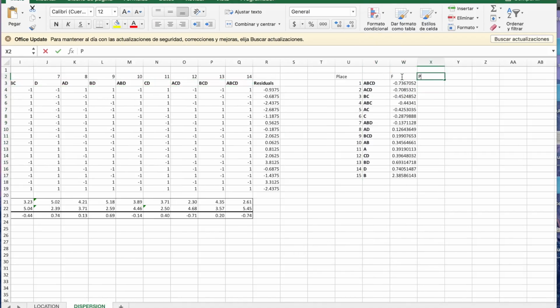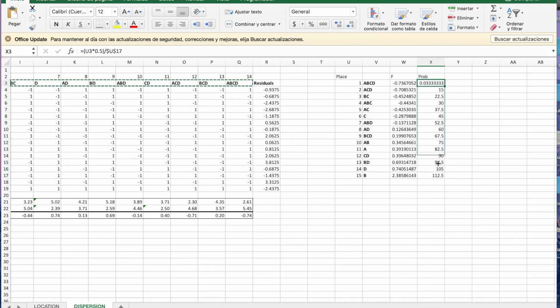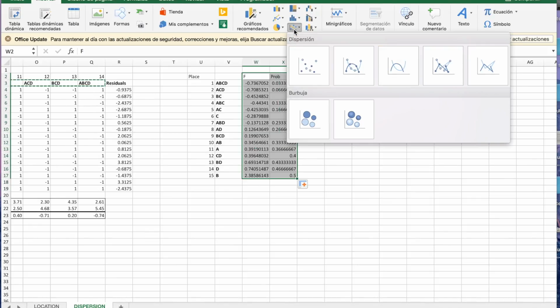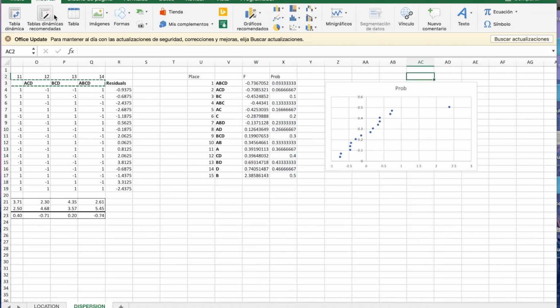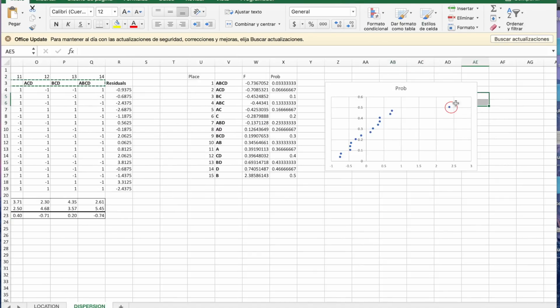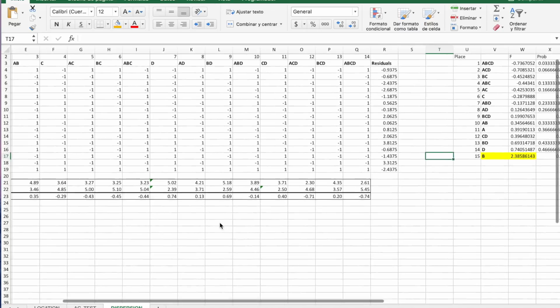Because we're going to graph it so we know which value is significant for dispersion. We do the probability, which is the same as we did before, the place over 2 times the amount of data. We graph it in a dispersion graph, and we know this dot is out of the line. So we know this one is significant. In this case is B. Now we know B is significant.